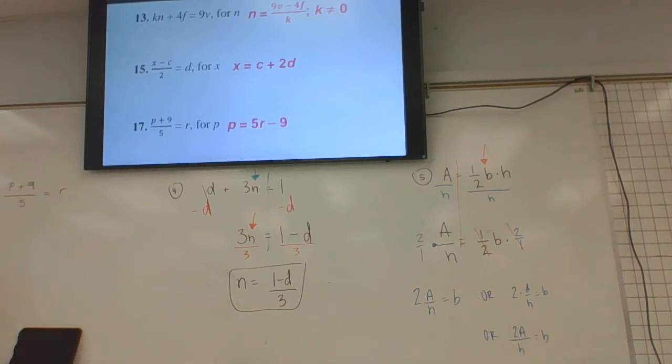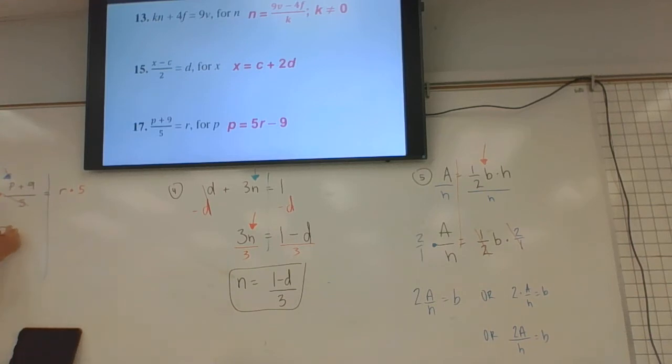We're trying to get this piece here alone. Put my line in. What'd you do? Times 5 on both sides. Okay, so when it's one big fraction, getting rid of that fraction is the first step. So do a big 5 on both sides. Multiplying this by 5 cancels the fraction.